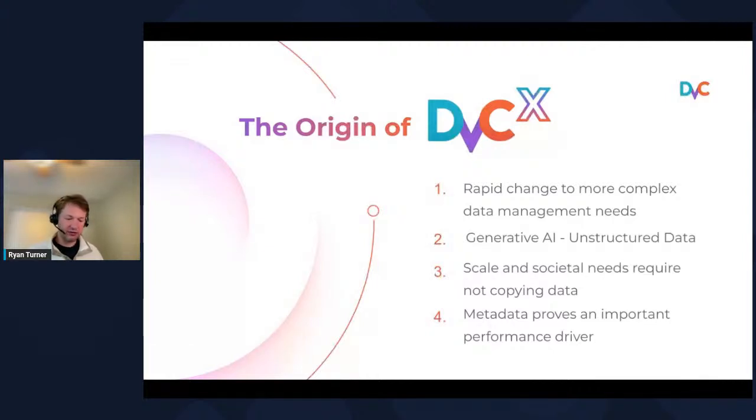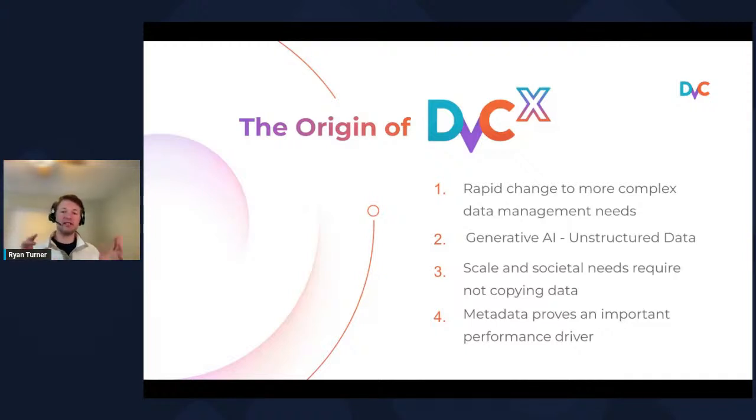But it's had certain limitations because it was designed in an earlier time when the primary use case was more tabular data and data that was still small enough that you could push it and pull it from a cloud source to your local machine. And so the scale of the data wasn't too big.